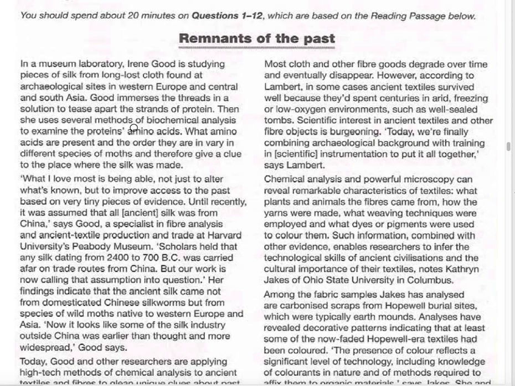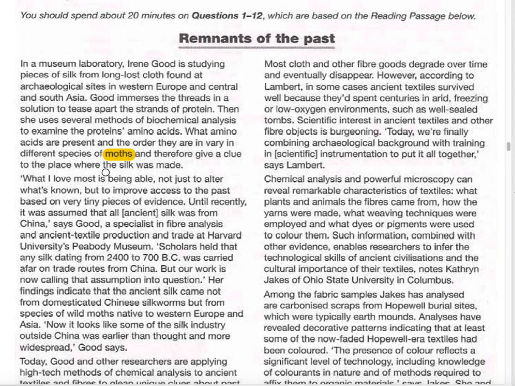Okay, then he specified proteins. What amino acids are present and the variants? Okay. Oh, I see moths. So I saw moths. Moth is key because you should know that moths are insects. They're those insects that come out in the summertime.